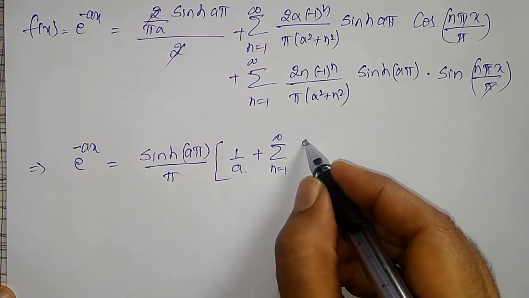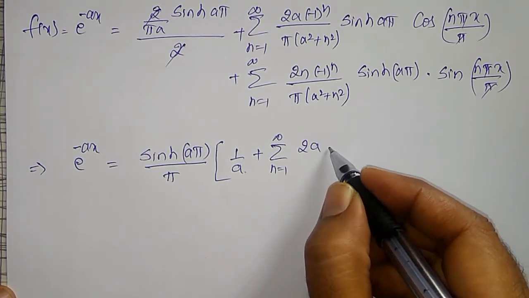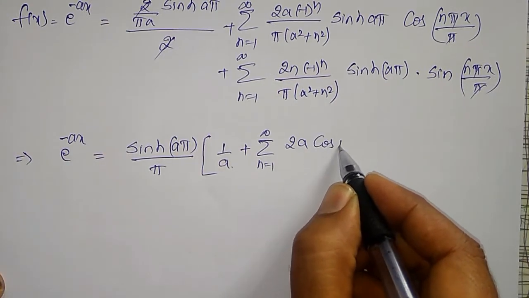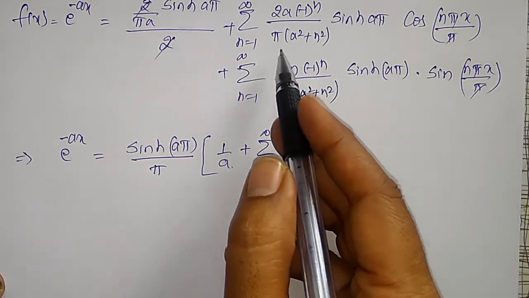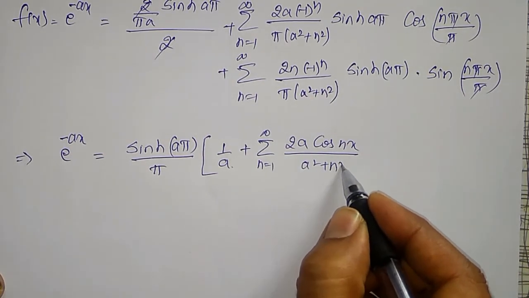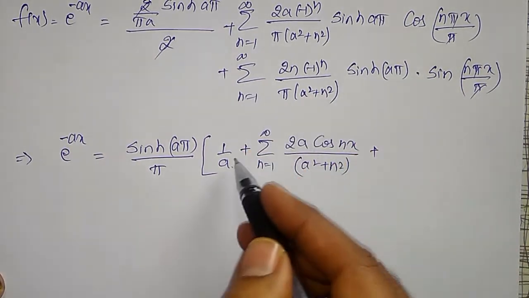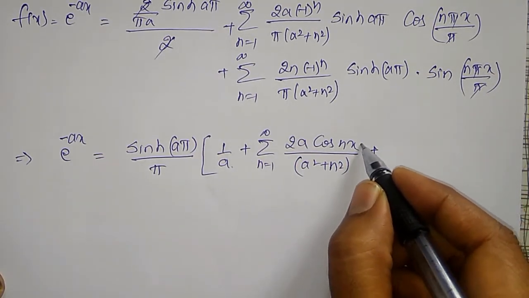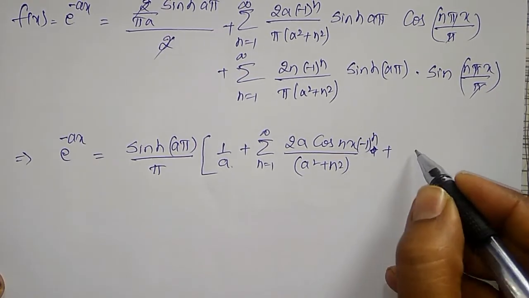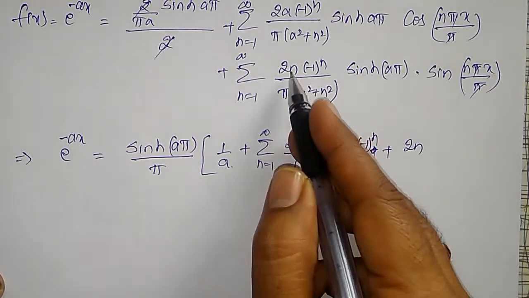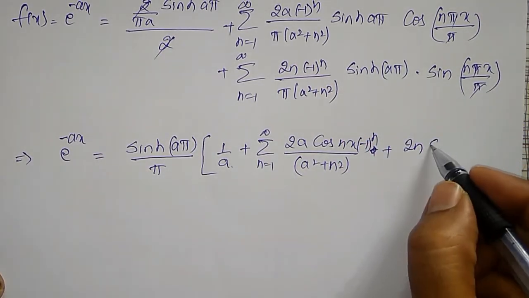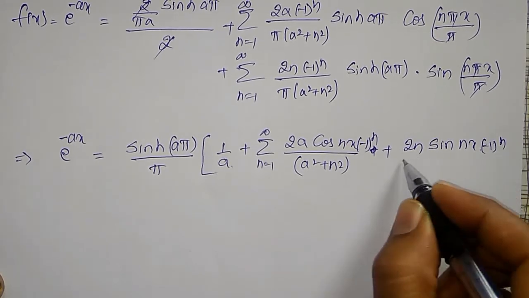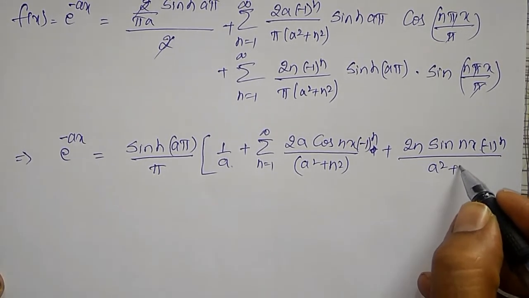This will remain as 2a into cos nx divided by, and pi also taken common, a square plus n square will remain, plus for this summation I will also take common here, then it will become 2n into sine nx into (-1)^n divided by a square plus n square.